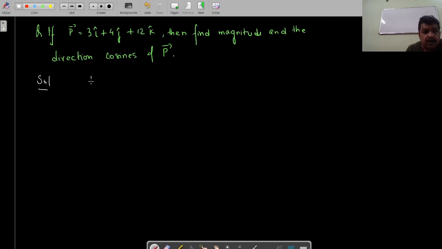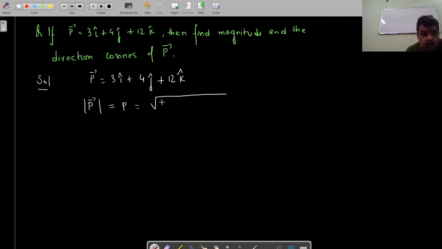Now vector p is given as 3i cap plus 4j cap plus 12k cap. Magnitude of p means you can write mod of p or simply p. So it is equal to square root of coefficient of i cap square, that is 3 square, plus coefficient of j cap square, that is 4 square, plus 12 square.